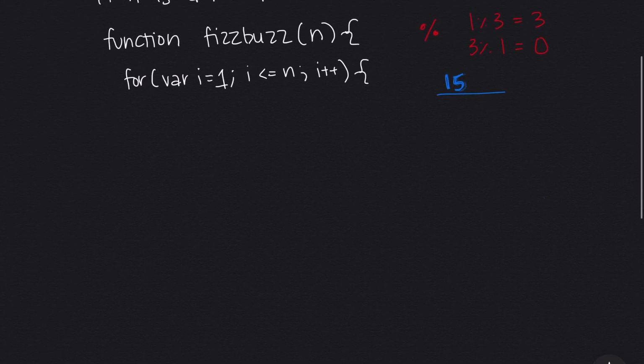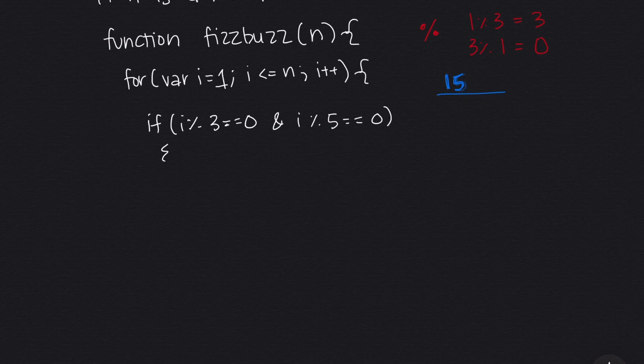Okay, so in the first round, we got our if statements a little mixed up, which led to chaos. So let's put them in the correct order now. To avoid the issue that we just had, let's put if i mod 3 equals 0 and i mod 5 equals 0.